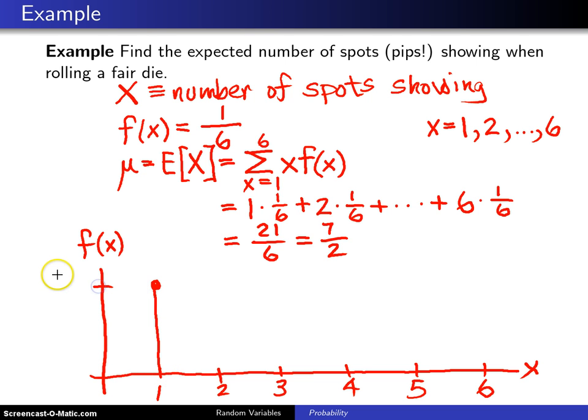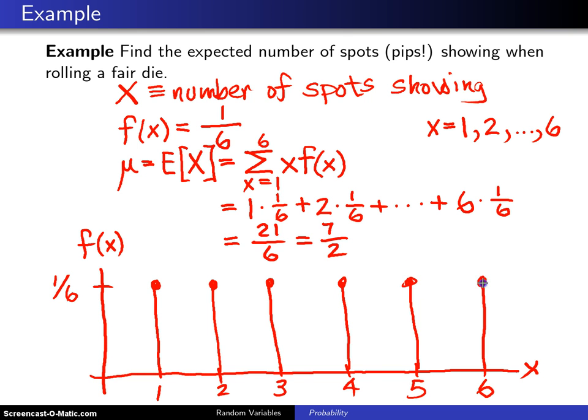And this will consist of a number of spikes, each of which has height 1/6. So that is your discrete uniform distribution. Some people might argue I should be just putting the dots up here, but I find drawing them as spikes a little bit easier to see what is going on.